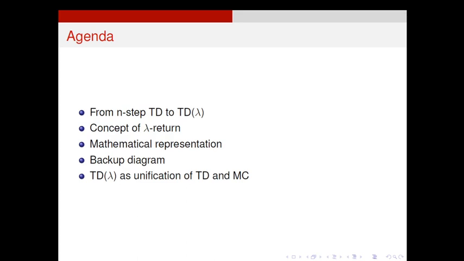In order to start this journey, we need a simple but new concept known as lambda return. Then some mathematical representation for this lambda return. As in the previous cases, we will discuss some backup diagrams, and finally we come to the core part of temporal difference learning and its advantage over other reinforcement learning methods, that is the unification of TD and MC.